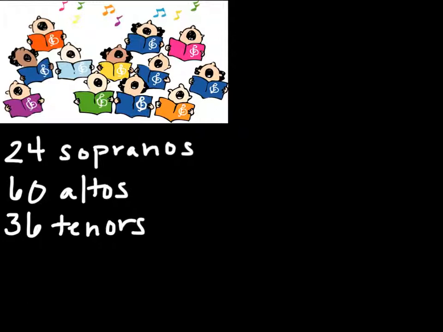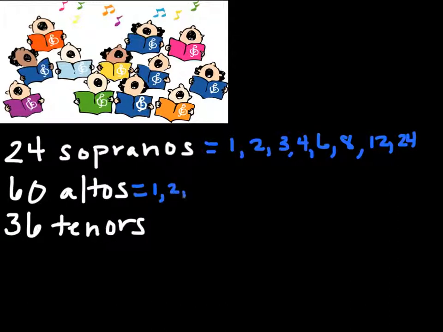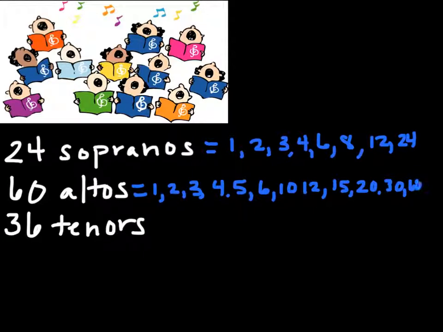So we'll begin by listing the factors of 24. They would be 1, 2, 3, 4, 6, 8, 12, and 24. Now we'll list the factors of 60. They'll be 1, 2, 3, 4, 5, 6, 10, 12, 15, 20, 30, and 60.